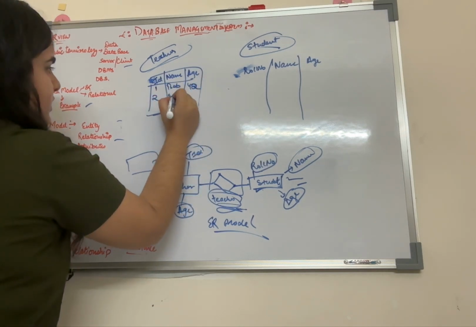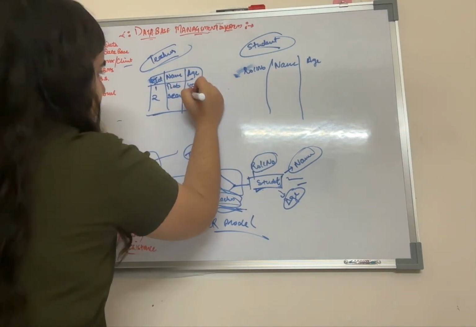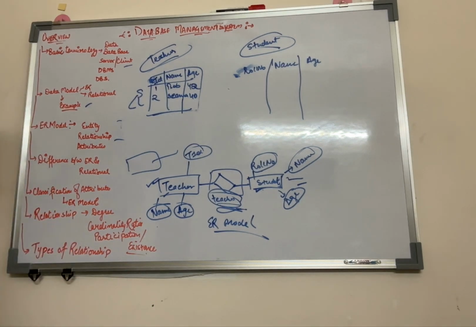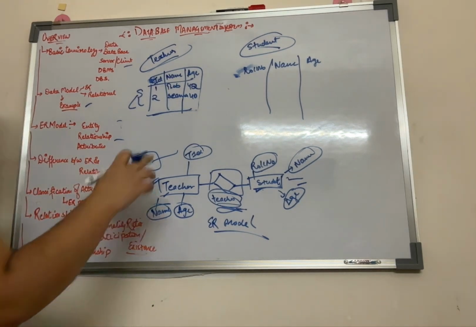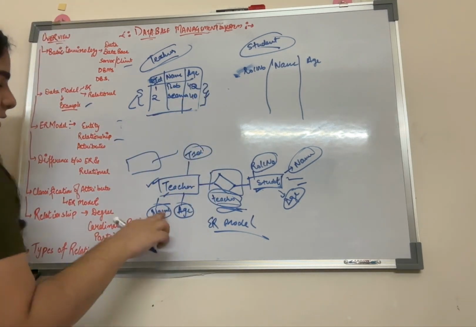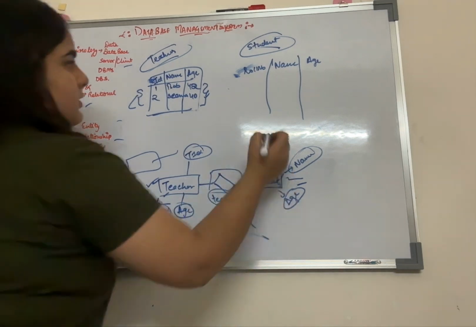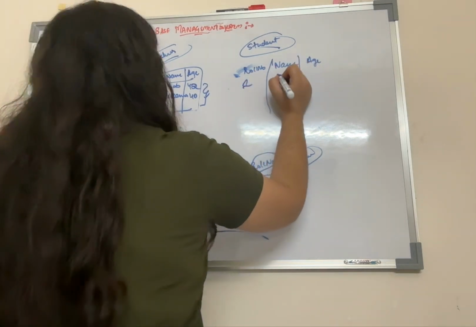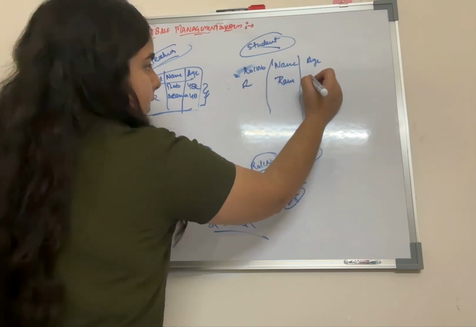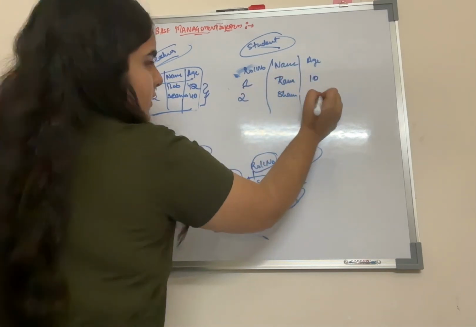Then Seema is a teacher and her age is 40. So these are the teachers in a particular school. So in this we are storing the instances. In ER model we were just storing the diagram, but here we have the exact values. And now let's say roll number 1, her name is Ram and age is 10 years. Then Sham, age is 12 years.